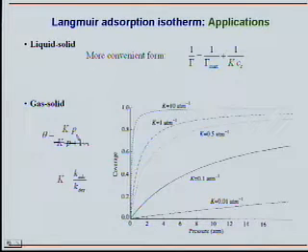Yes, Chris? How do you measure the coverage? There are a variety of methods. Possibly the best one, and the one that's least used these days, is radioactivity. If you take radioactive species and adsorb them, then just by measuring the radioactivity you can measure the amount of the adsorbed substance. For obvious reasons, this is not used that much these days.